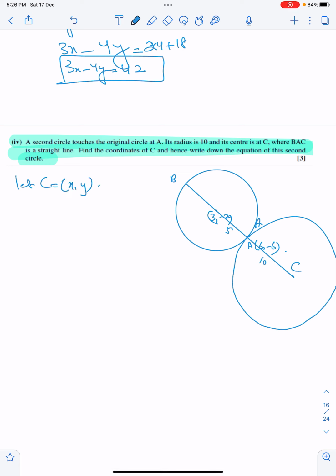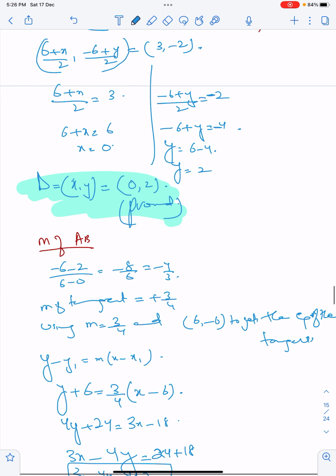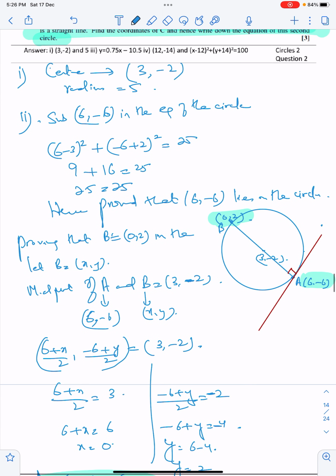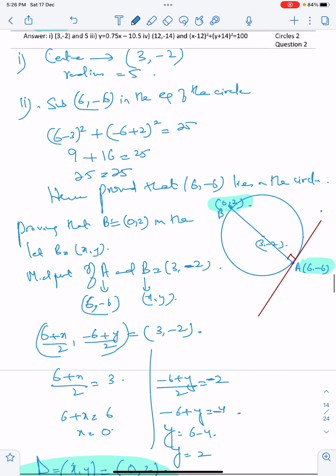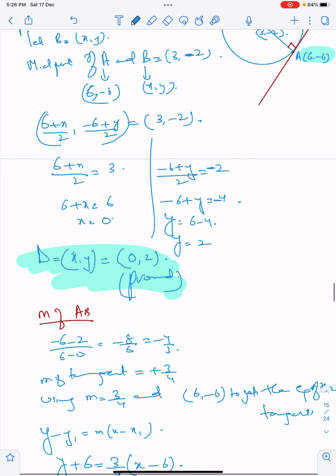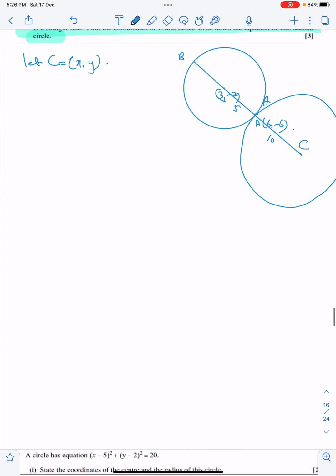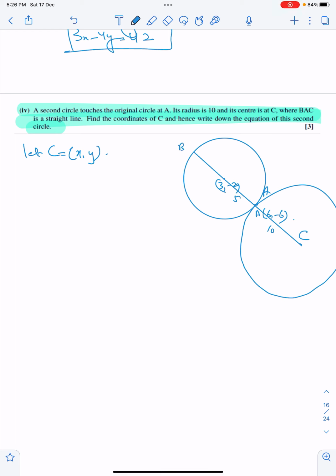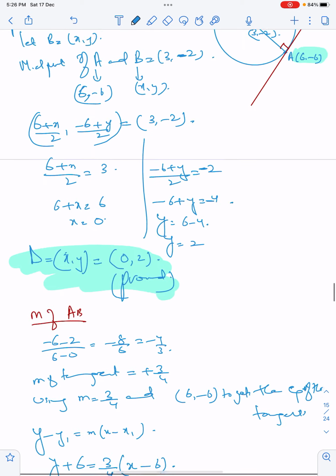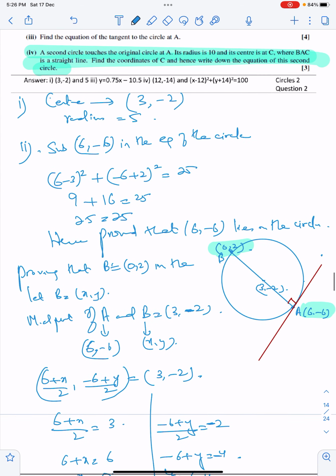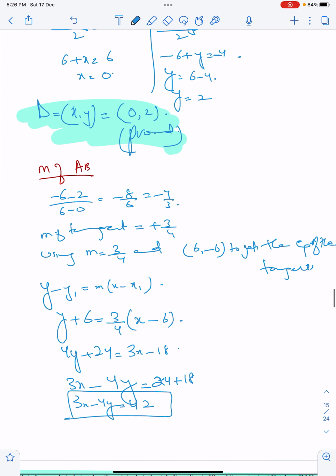So I can make the first equation. The gradient of BA is negative 4 upon 3, which I have taken from the previous parts of the question.